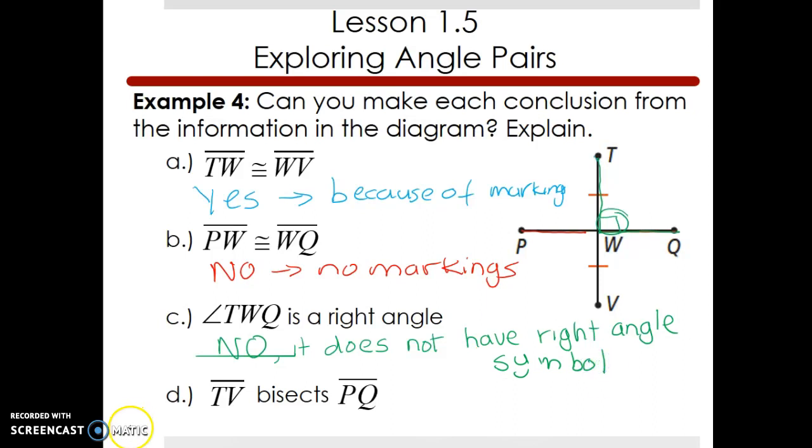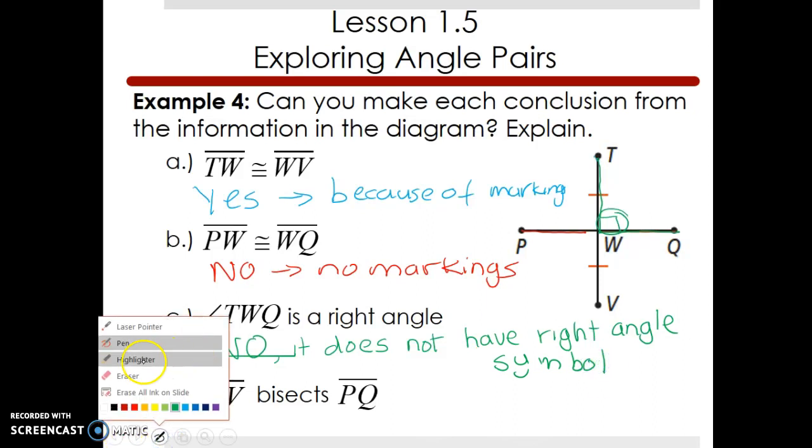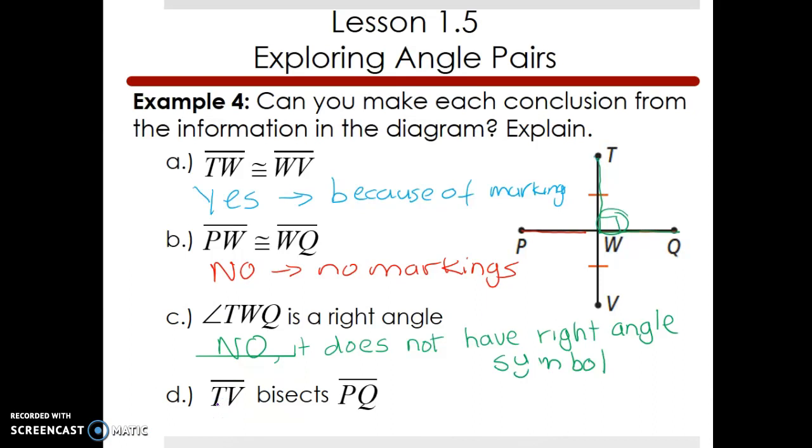All right, and the last one. Let's do purple. TV bisects PQ. So PQ is being bisected.